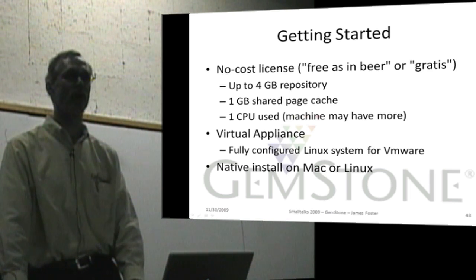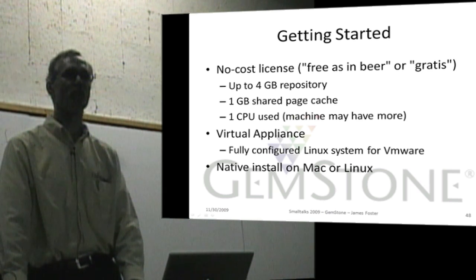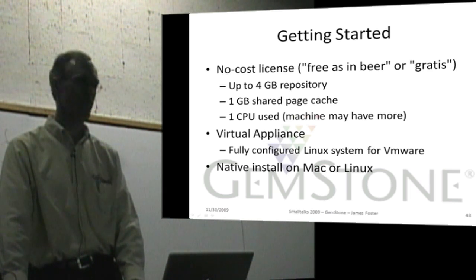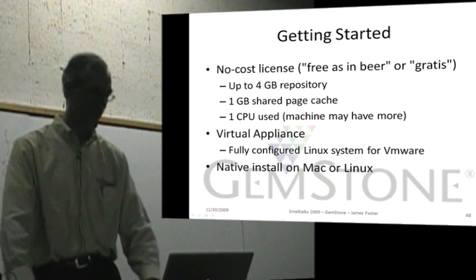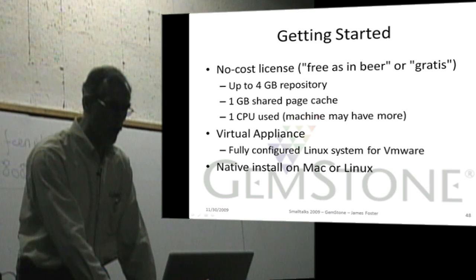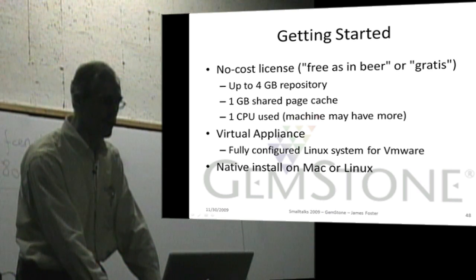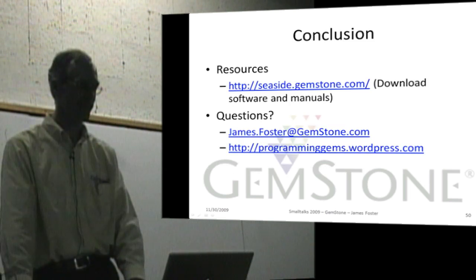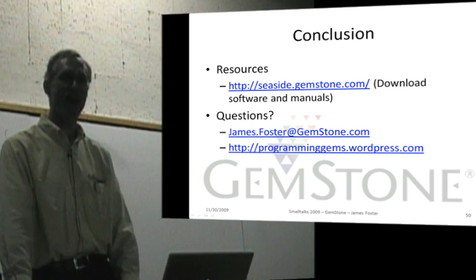So you can download this VMware appliance and use it on the Mac under VMware Fusion or under Windows with VMware Server or other systems. Or you can do a native install on the Mac or Linux. And there's even a Cocoa application that I have that brings up GemStone, starts a database. And if there's any questions, I'd be happy to take them now or later.